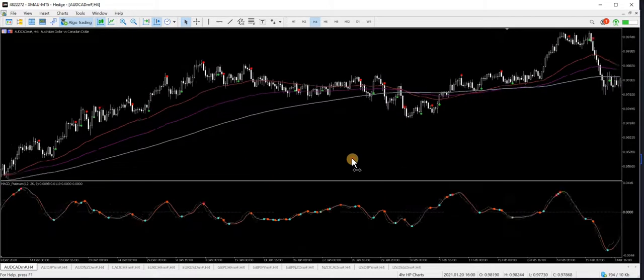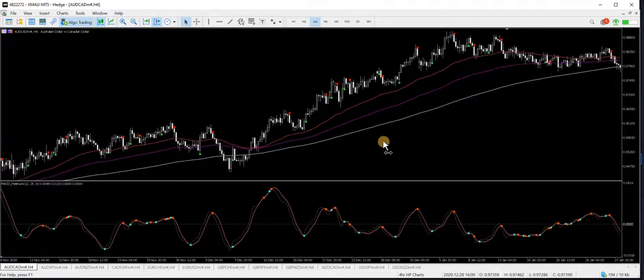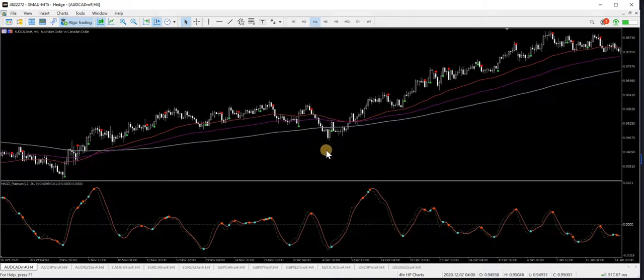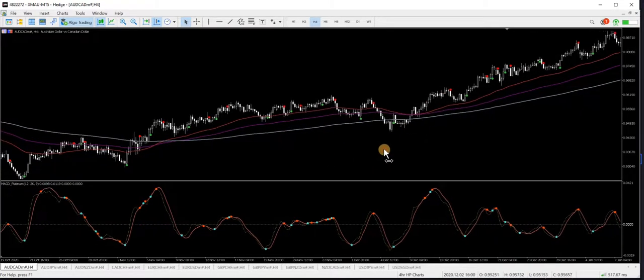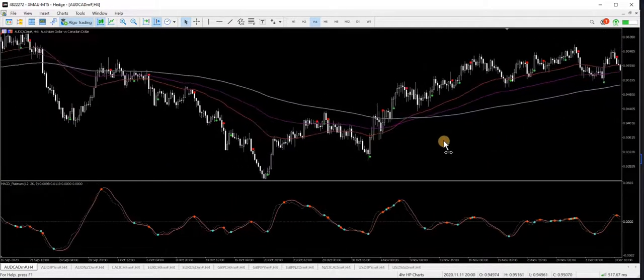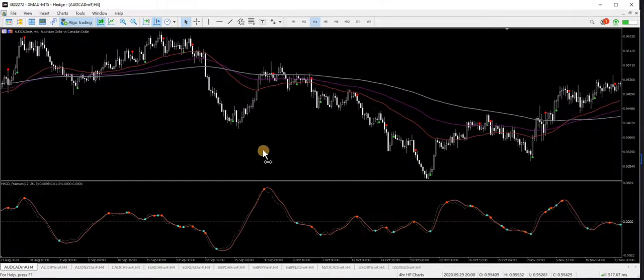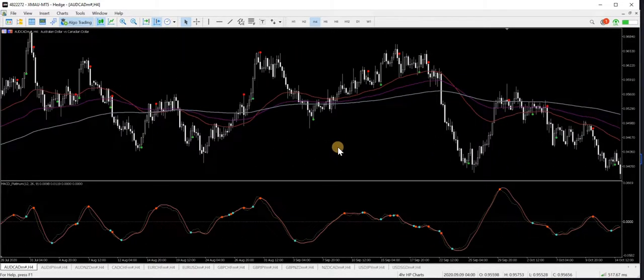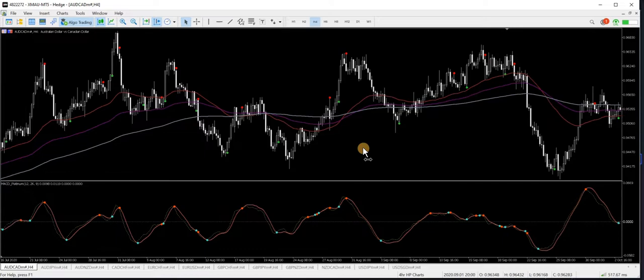Let's see if I can find a divergence, hidden divergence. Well, we've got 35 minutes. I don't want to drag this on. Yeah, I should have drawn my trend lines in before and got that sorted completely.